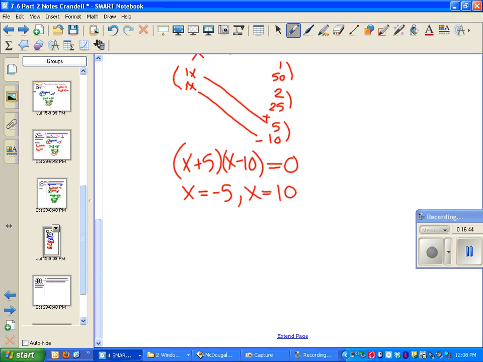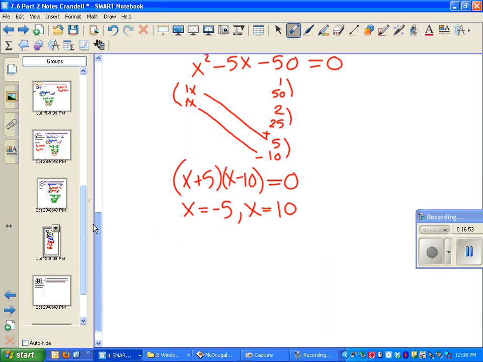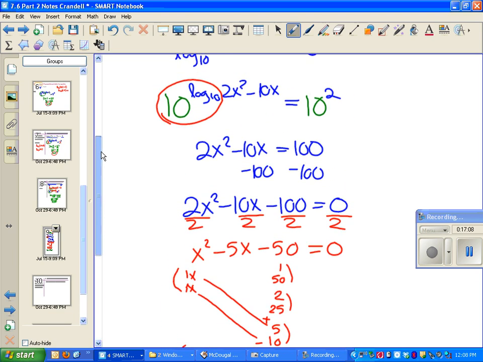Am I done now? I have to check it. You're right. Okay, so when I have to check it, let's see, what was my very original one? Log base 2. Sorry, log base 10 of 2x plus log base 10 of, we'll go slow this time.